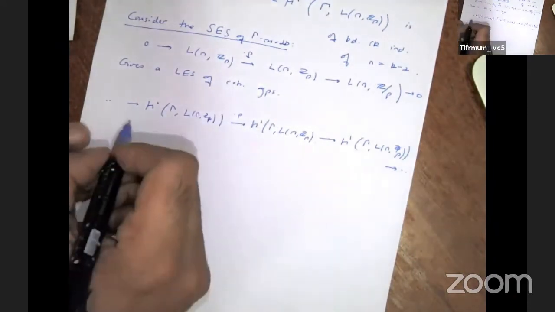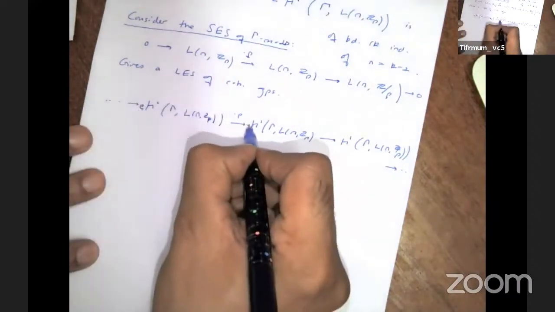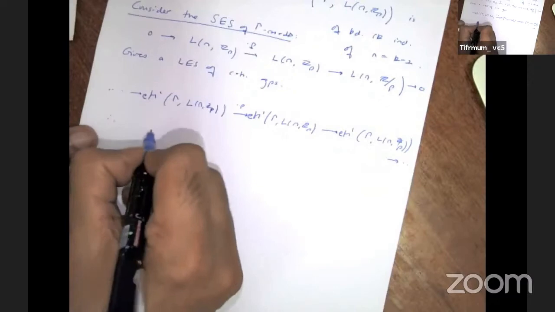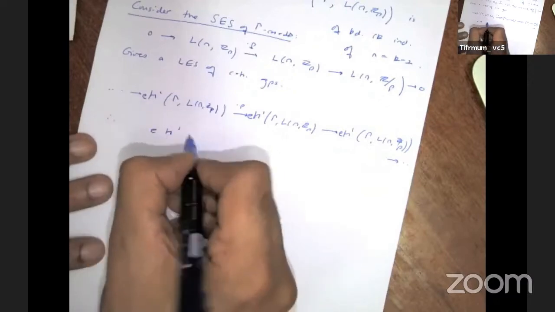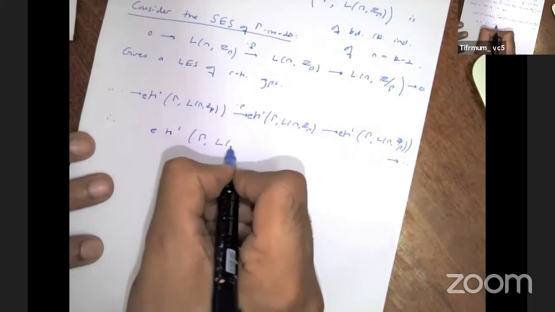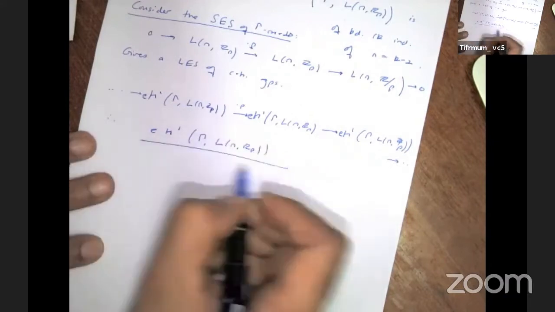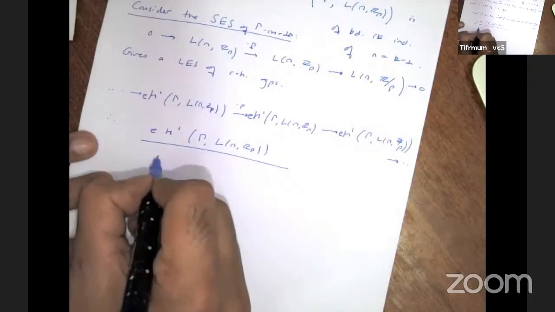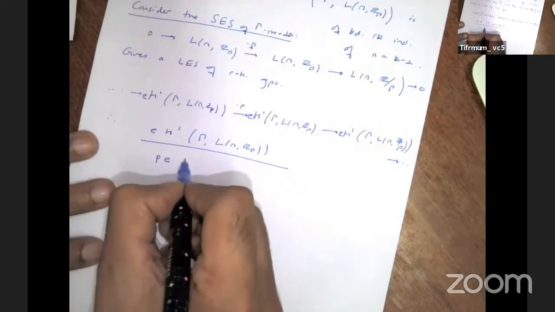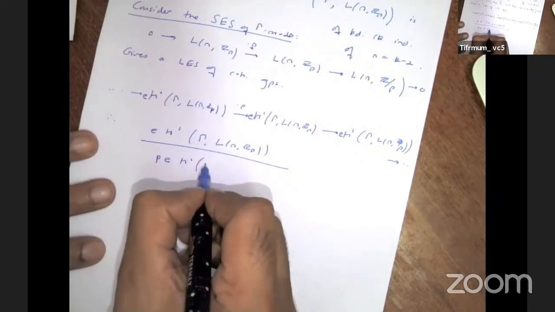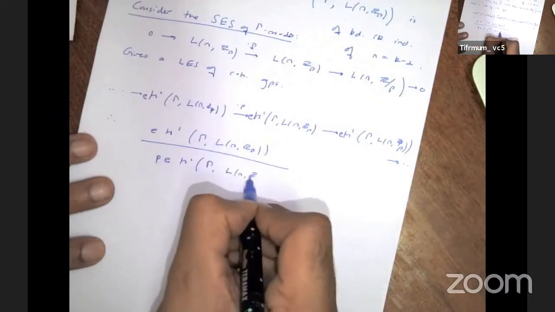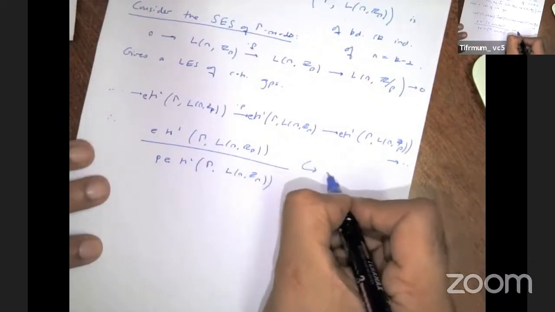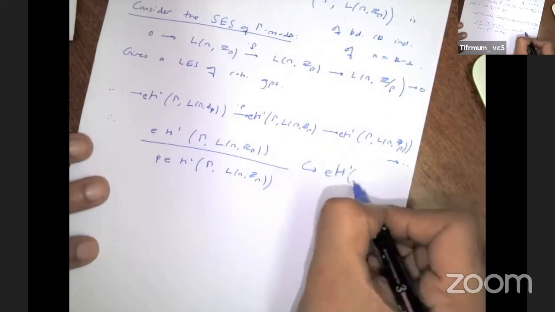So now if you take the ordinary part, I'll put a little e here, you get this. Okay, so therefore we get e of H1(Γ, L_n(Z_p)) modulo p times e of H1(Γ, L_n(Z_p)) sits in e of H1(Γ, L_n(Z mod p)).